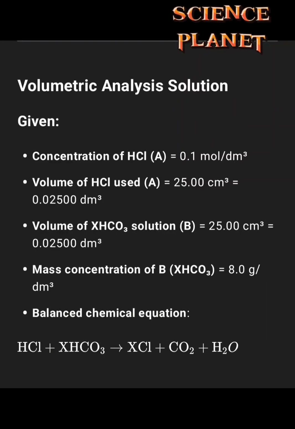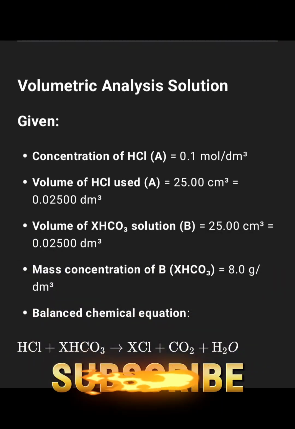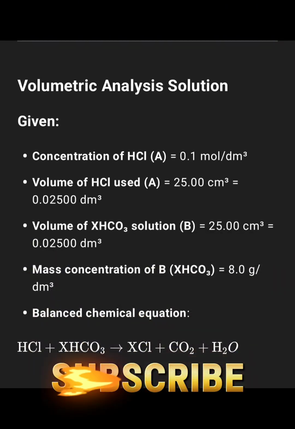So, writing down our important parameters. Our concentration of HCl is 0.1 mole per dm cube, as given to us. Then we have done our titration and our volume of HCl used is 25 cm cube. That is what I want to use.